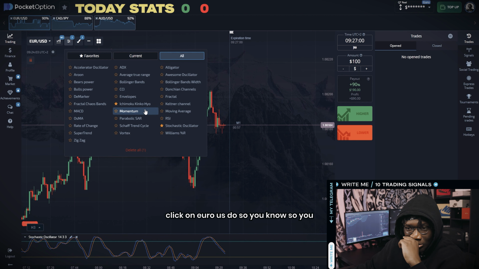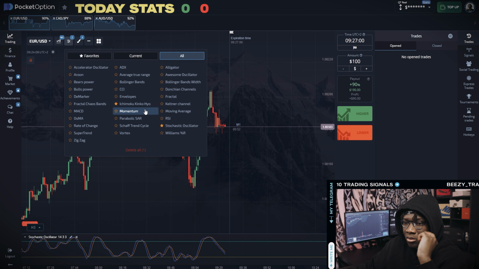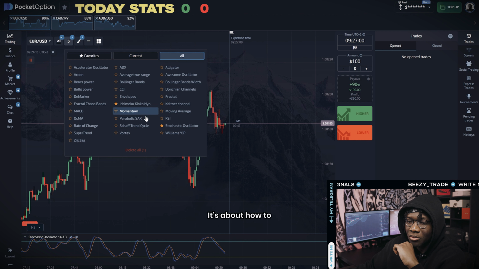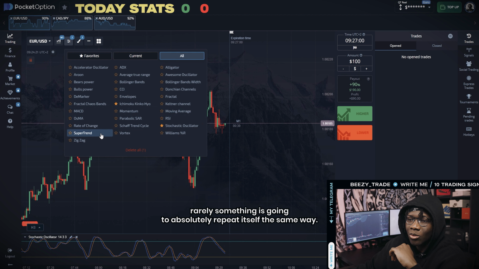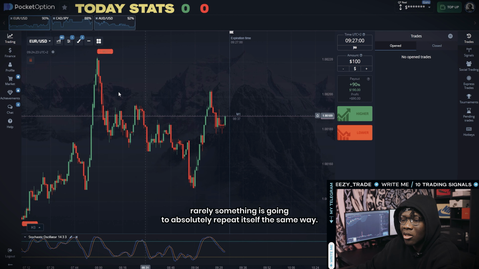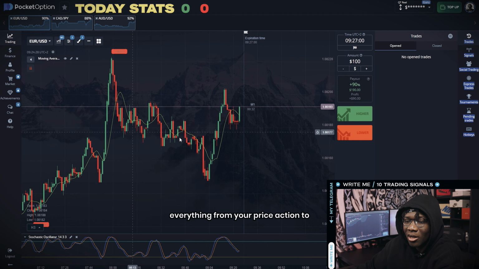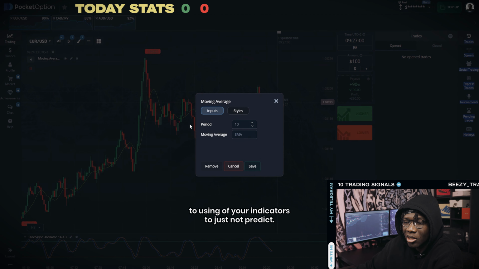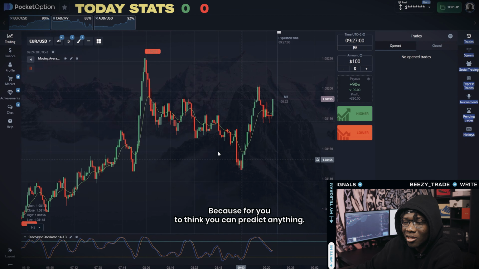So I always tell you, when you enter any trade, the first thing you should be thinking about is not what indicators you're going to use. It's about how to look at the history of the markets, because rarely does something repeat itself exactly the same way. But you can look at everything from your price action to your indicators, just not to predict, because who are you to think you can predict anything, right?